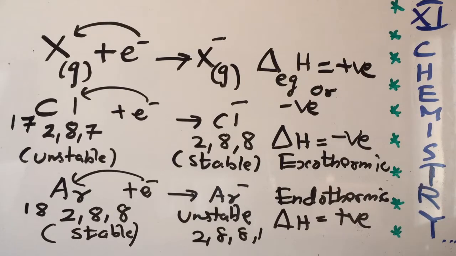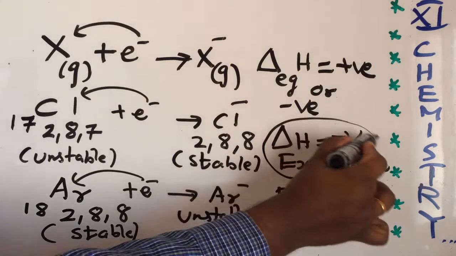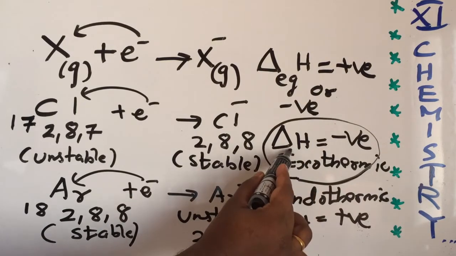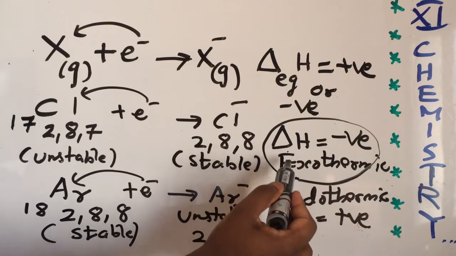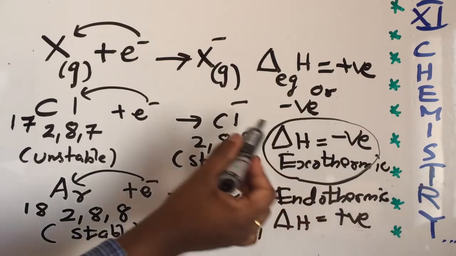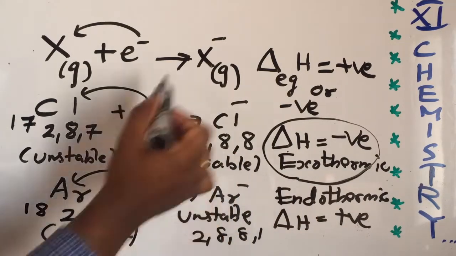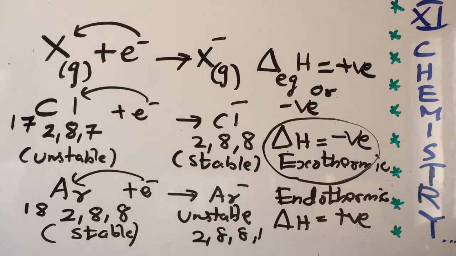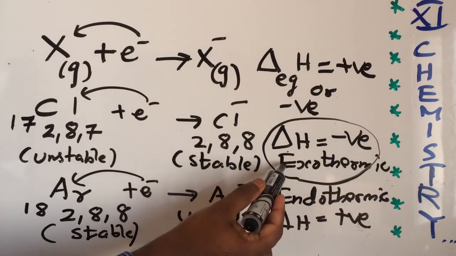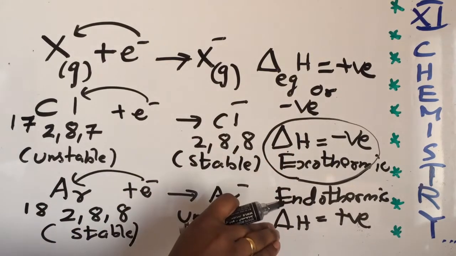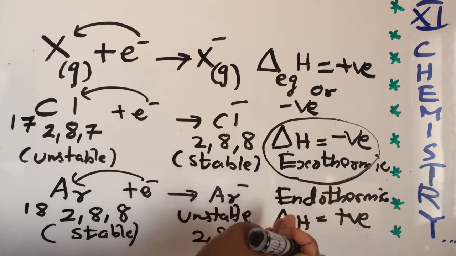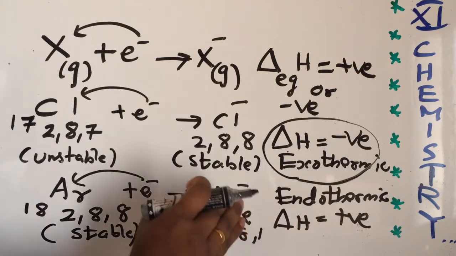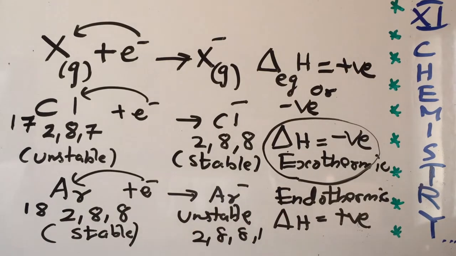But in general, electron gain enthalpy corresponds to this condition. If delta H is more negative, that is, if more energy is released, then electron gain enthalpy becomes high. If delta H is less negative or positive, that is, less energy released or energy absorbed, electron gain enthalpy becomes low.